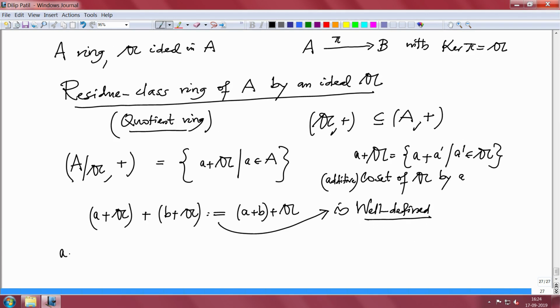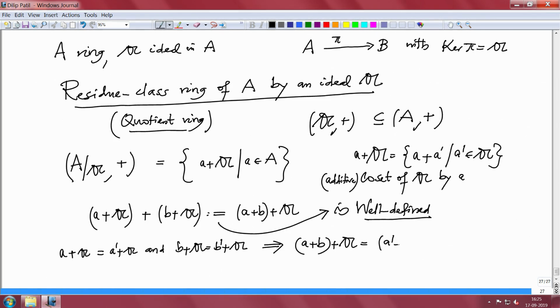So if a + 𝔞 equals a' + 𝔞 and b + 𝔞 equals b' + 𝔞, that means these are coset representatives of these cosets, they may be different, but the two cosets are equal, then (a + b) + 𝔞 is also the same thing as (a' + b') + 𝔞. And now how do you prove it? Once you write down what this means, it will be clear.